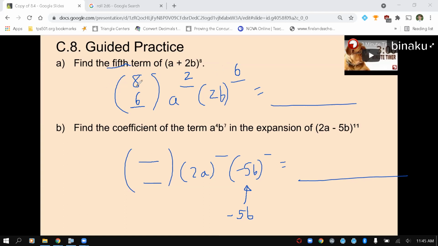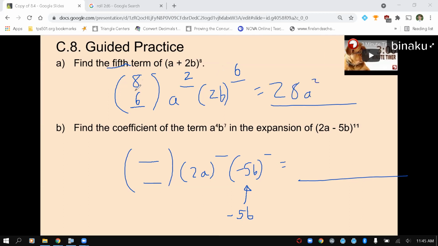Okay, what is 8 choose 6? If I have 8 presents and you can only pick 6 of them, how many different ways could you do that? That is actually kind of a hard problem. You might want a calculator for that. It is 28 different ways.